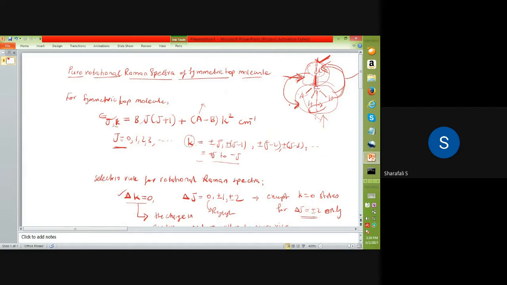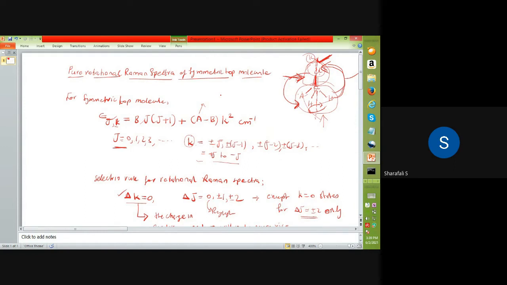So that rotational change is happening with the rotation about this central axis, and the central axis quantum number is nothing but k. That particular rotation is represented by the rotational quantum number k.